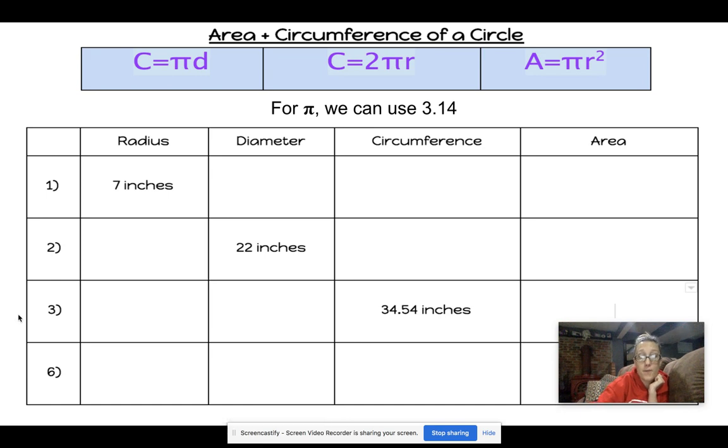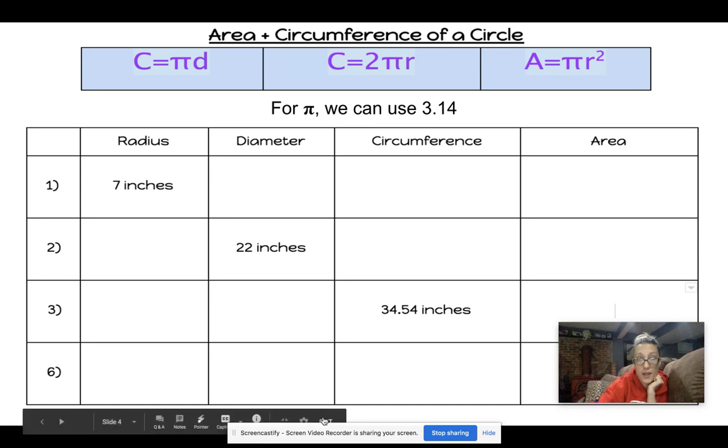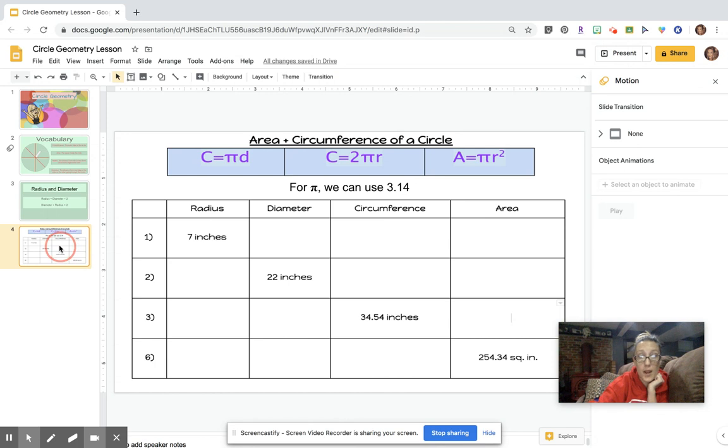On the first example that we have here, we have 7 inches as our radius. And we're going to use that to help us. Well, if our radius is 7 inches, then what does that mean for our diameter, right? And we can even go back and look at this.